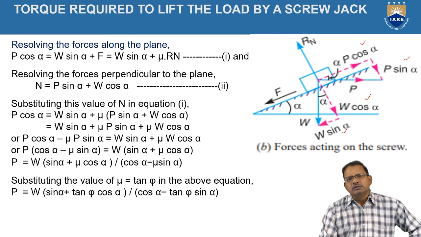Hence, we apply the equations of equilibrium, sigma Fx equals 0 and sigma Fy equals 0. Resolving the forces along the plane, the forces acting in the upward direction, that is toward the right side, are treated as positive, and the forces toward the left side are treated as negative.